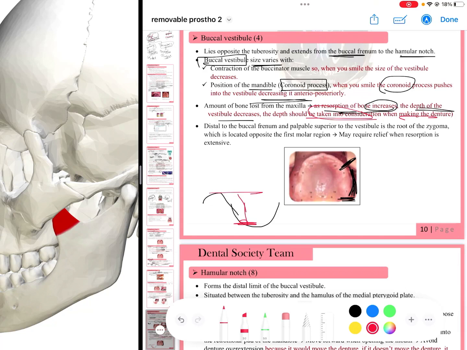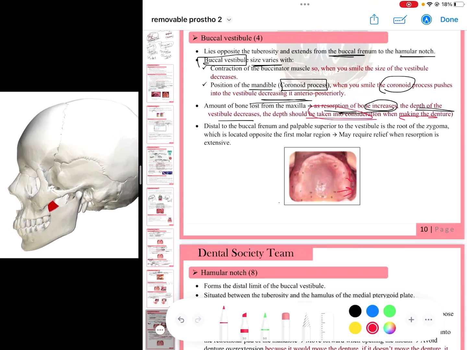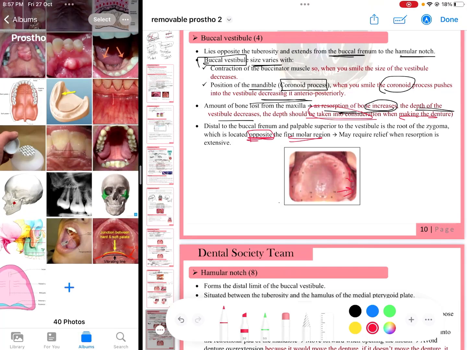Now distal to the buccal frenum, distal meaning posterior to it, and superior to it, we have something palpable. So if you go posteriorly and superiorly up and you touch there, you will feel a bone called the zygoma. It's located opposite, above the first molar, it's here.